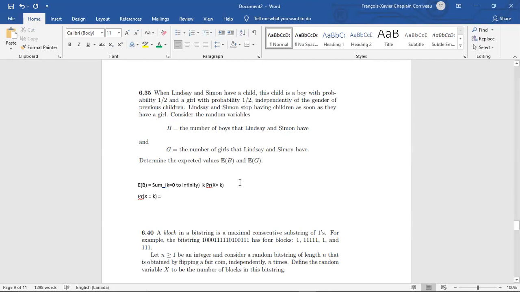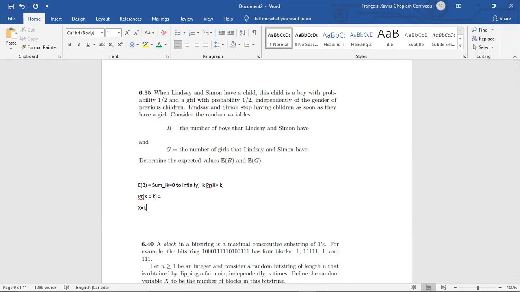B is equal to k if and only if I have k boys followed by a girl. In total, I have k plus 1 children.